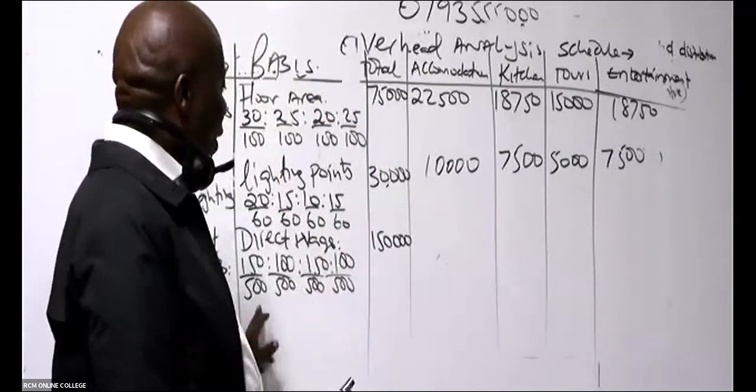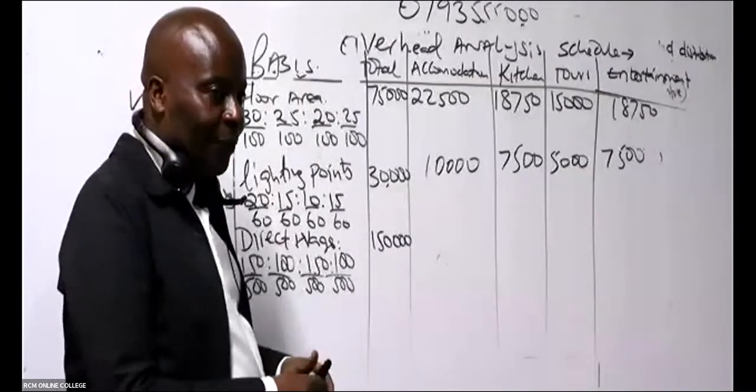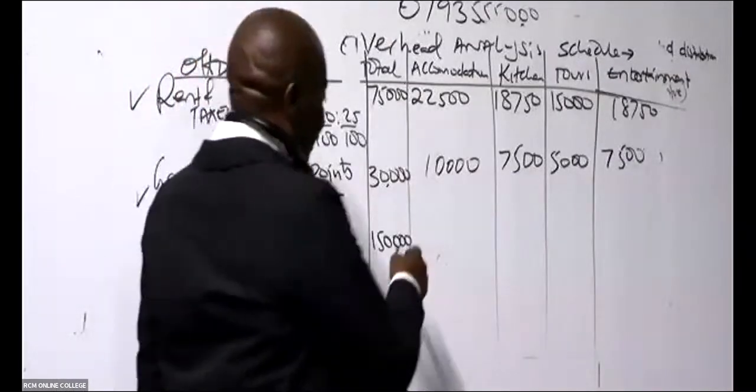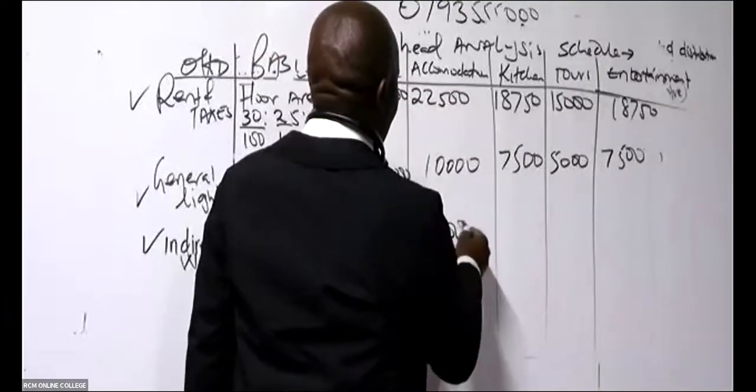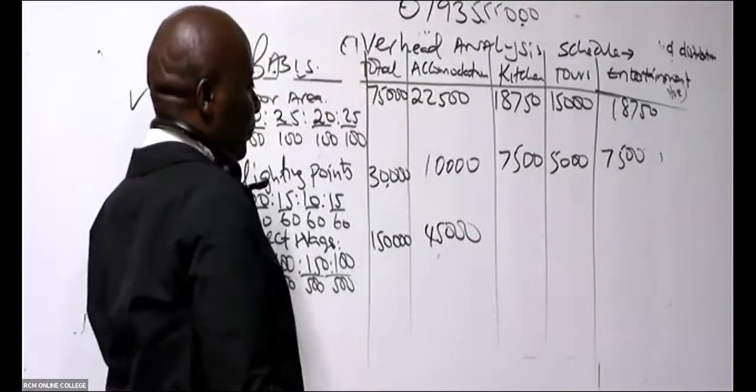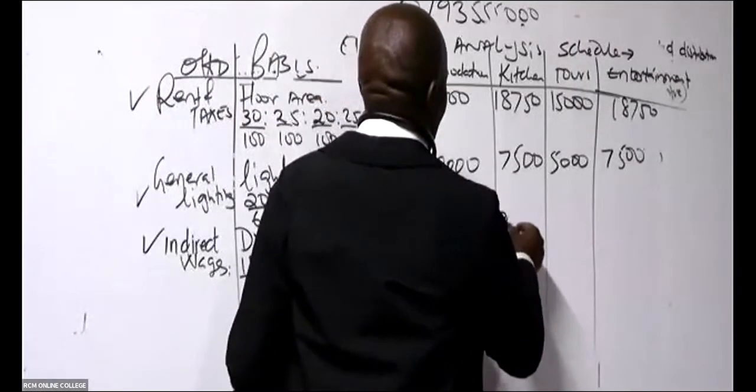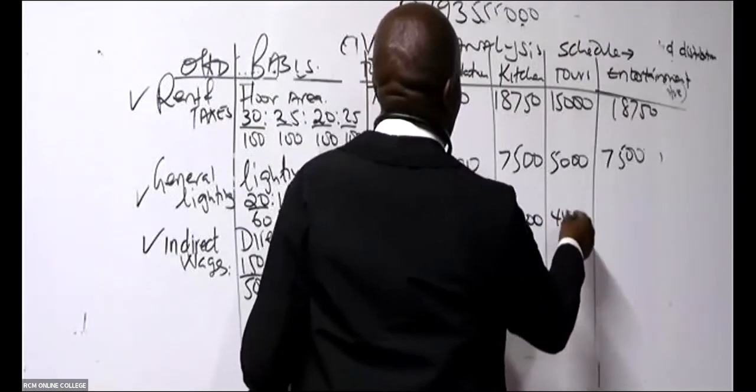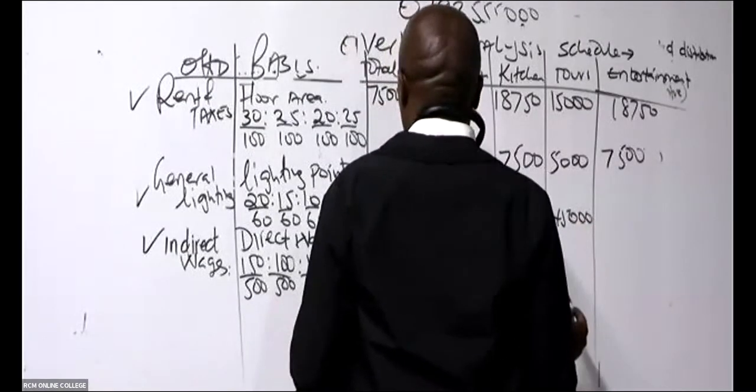So 150 over 500 times this gives me what figure? The next one, 30,000. 45,000. 30,000.